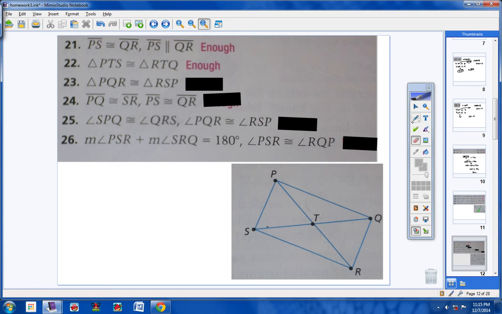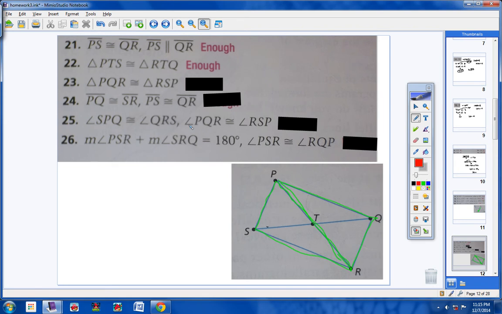Triangle PQR is congruent to triangle RSP. Well, let's mark some congruencies here, okay?